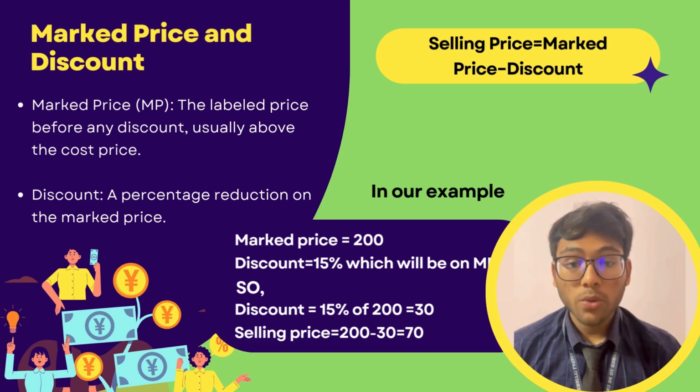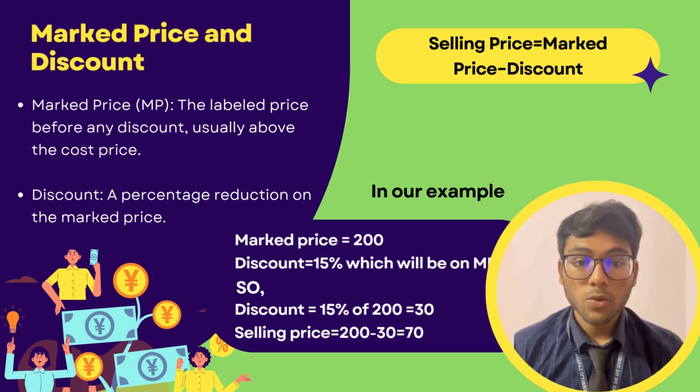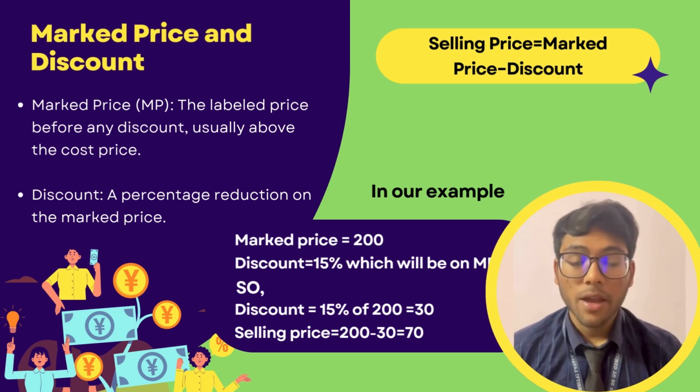To calculate the selling price, we will take out the 15%, which is 30 rupees in monetary terms. So the discount is rupees 30, and to calculate the selling price, we will use the same formula. Selling price is equal to mark price minus discount. So 200 minus 30, which is 170.